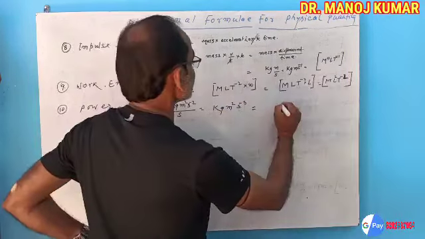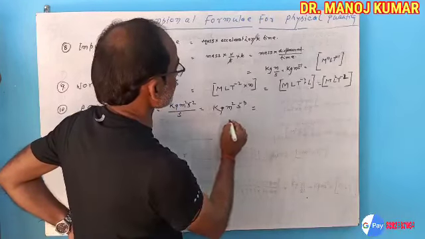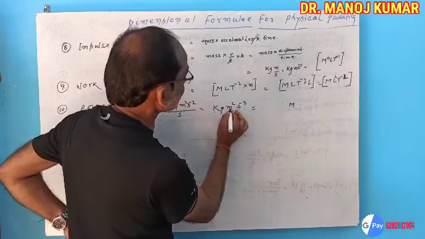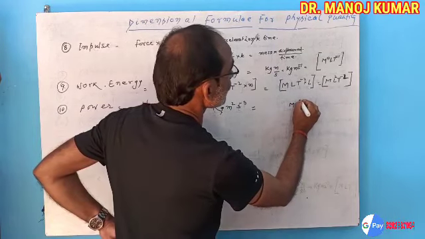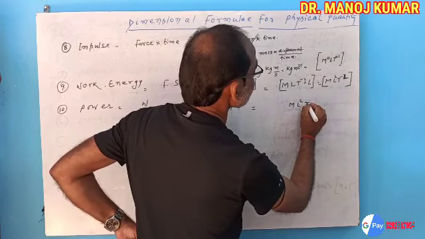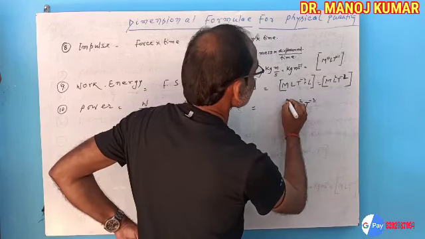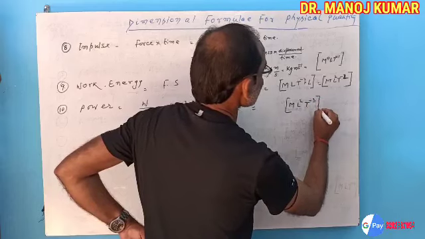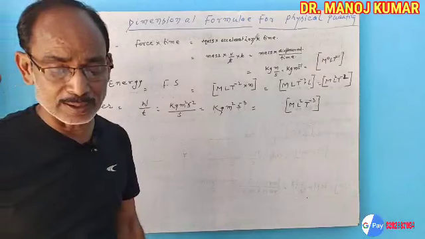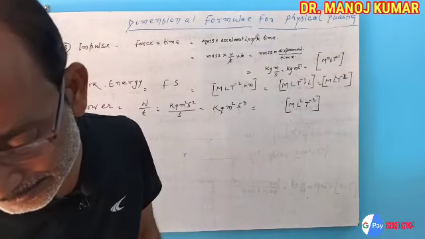That can be represented in dimension as M L square T minus 3, the dimension of power. M L2 T minus 3.